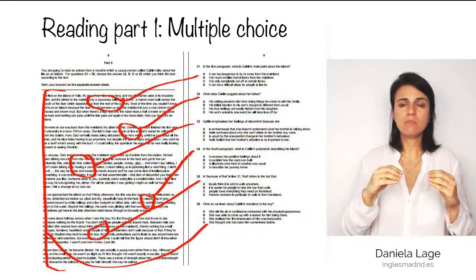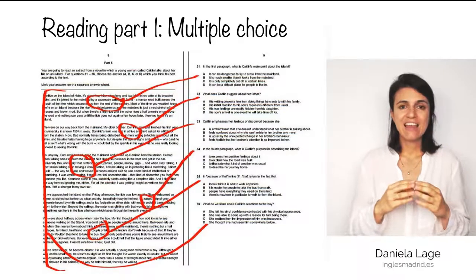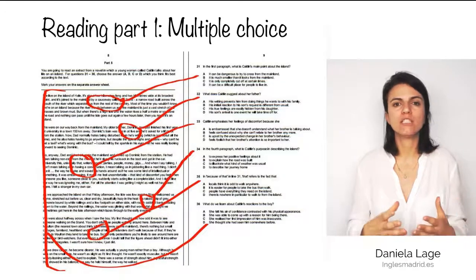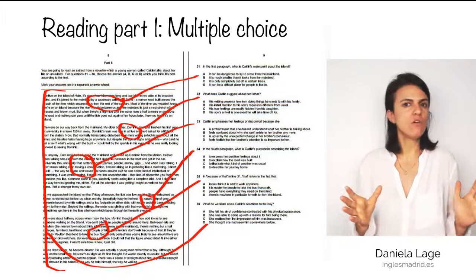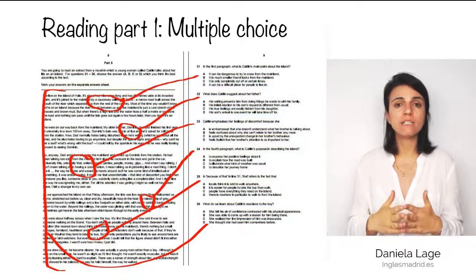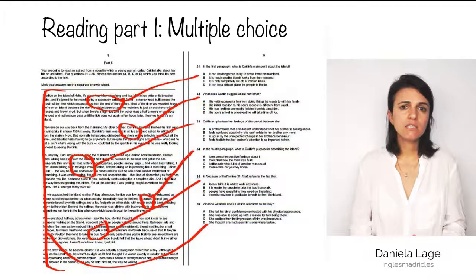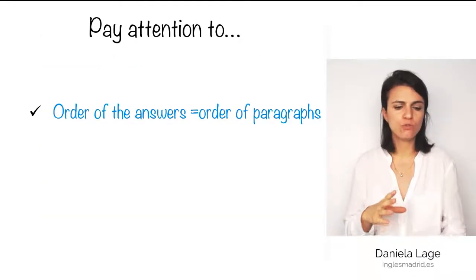So this means that the answers are in order. It's possible that there is a last question where they ask you, hey, give me the general idea of the text. Okay, you have to read everything to know the last question, but the other questions are all in order.